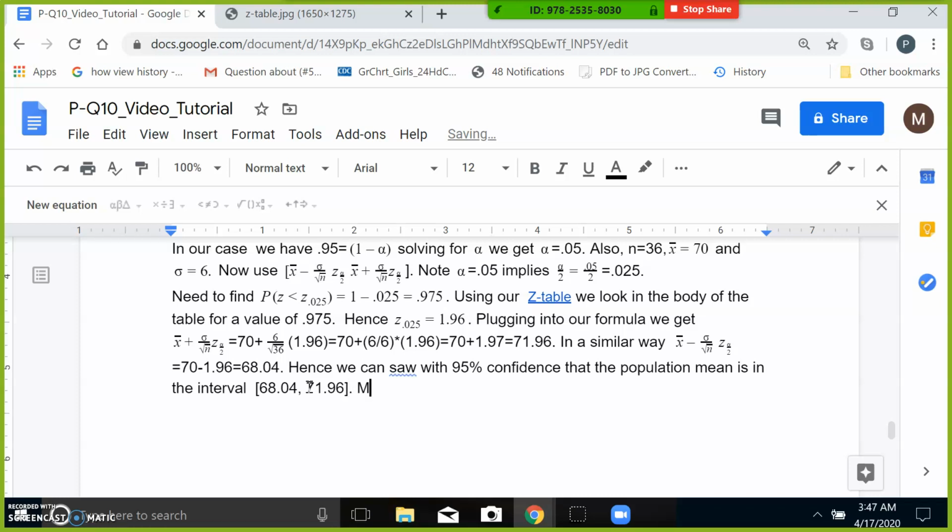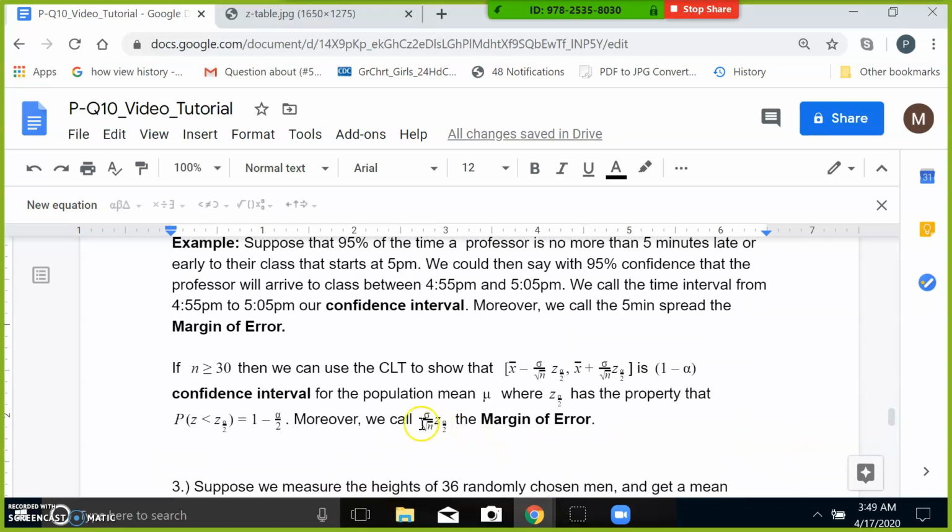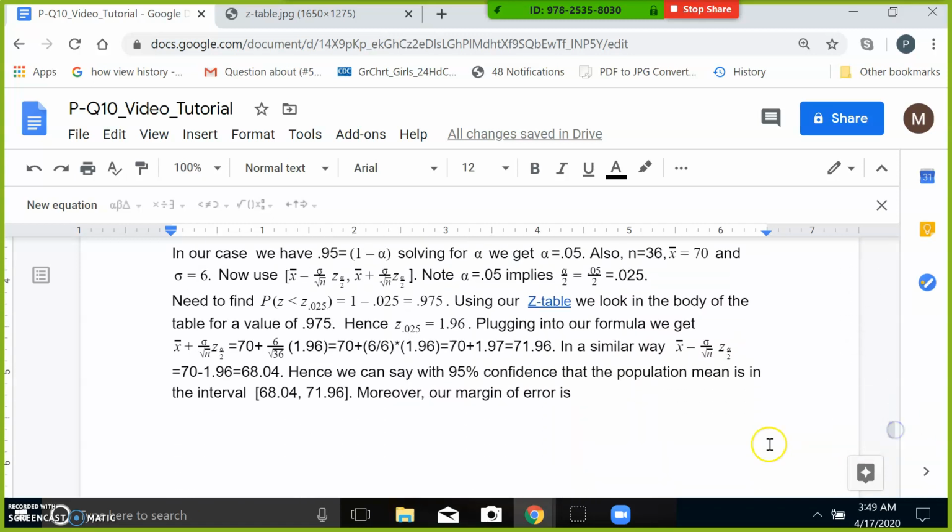Moreover, our margin of error. If you go up, that's the definition of margin of error right there. So I'll take that and paste it here.